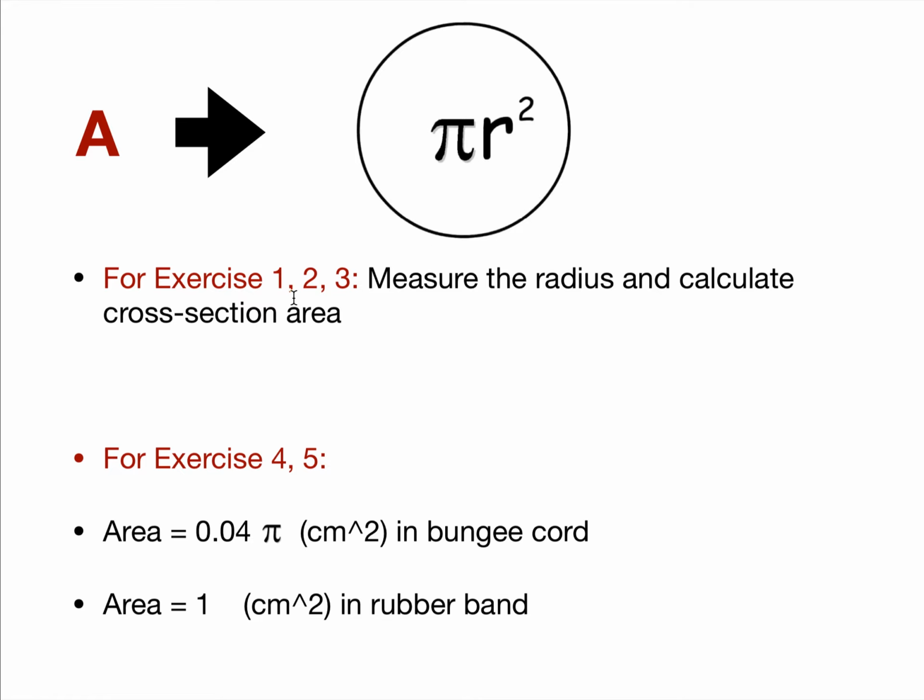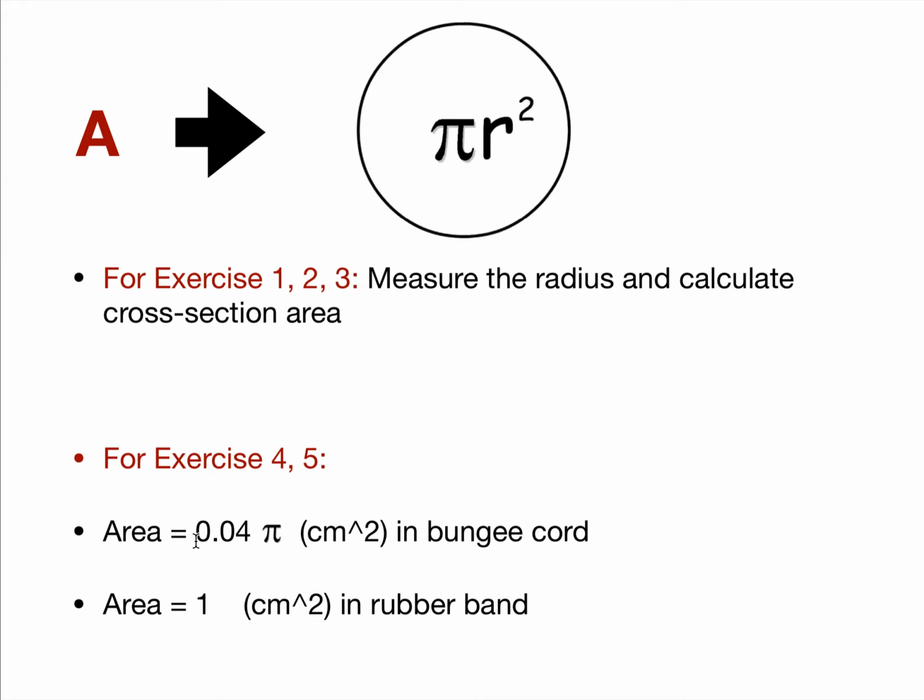So for exercises 1, 2, 3, we're calculating the cross-section area for a spring, which is a circle. So I'll measure the radius of the spring, and then I'll square the radius and times pi. You'll get the cross-section area. And for exercises 4 and 5, the cross-section area is here.